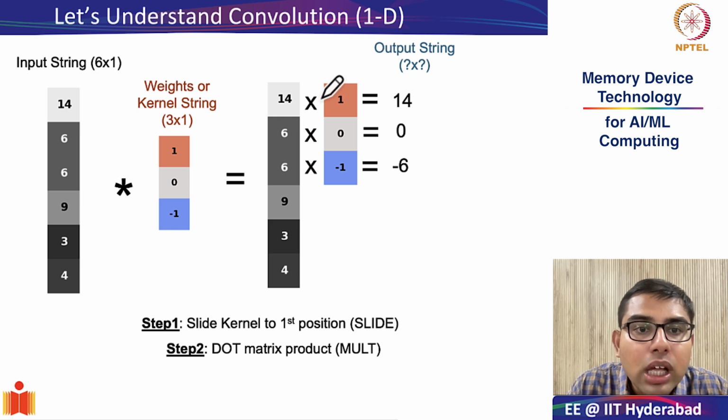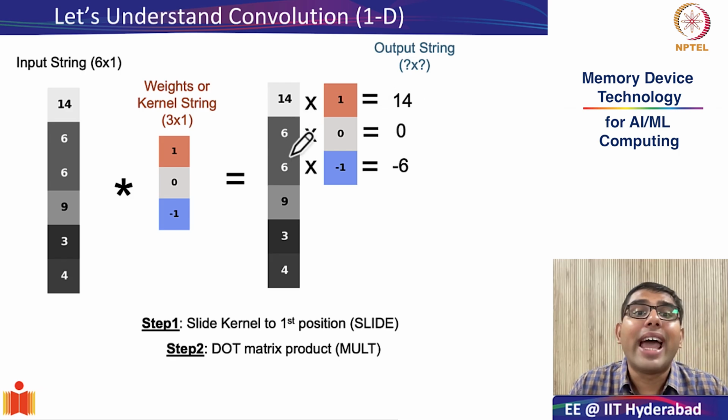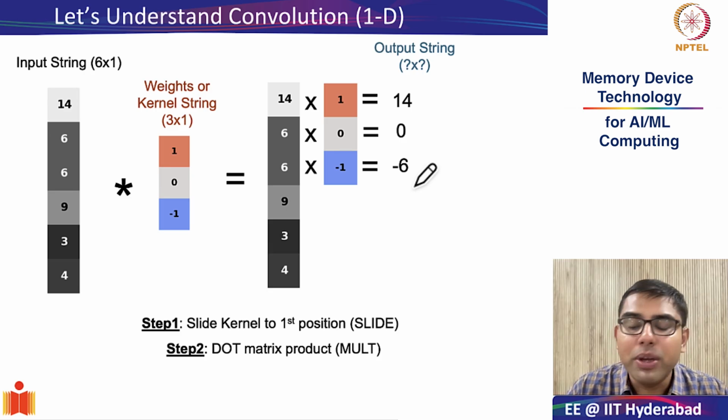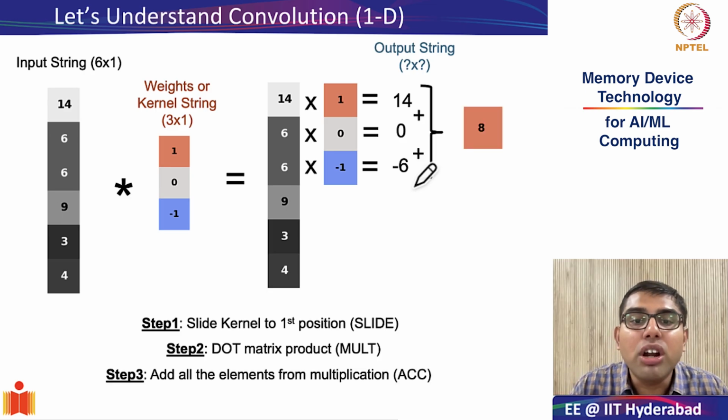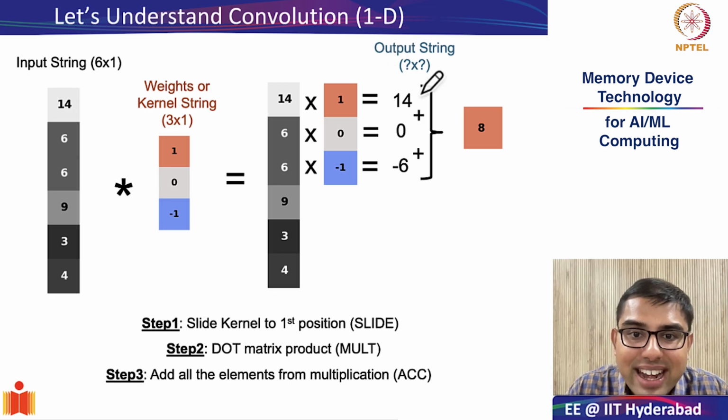I am doing an element-wise product: multiplying 14 with 1 gives you 14, 6 with 0 gives you 0, and 6 multiplied by minus 1 gives you minus 6. Now coming to the third step, which is the summation of the products obtained. This again boils down to multiply and then accumulate.